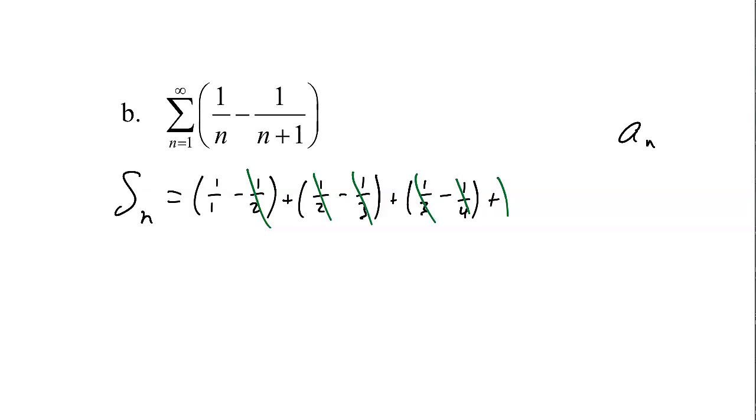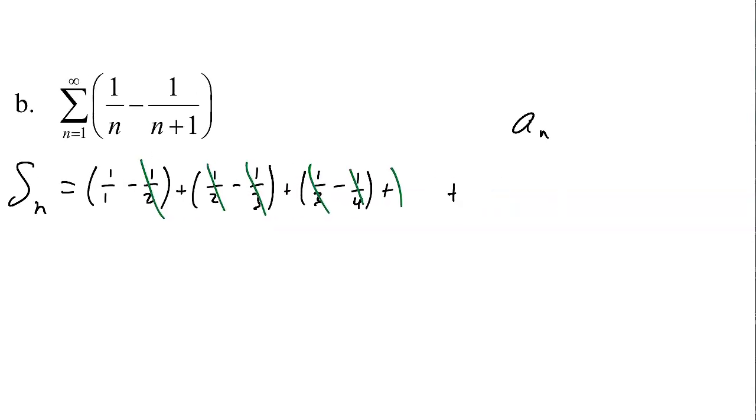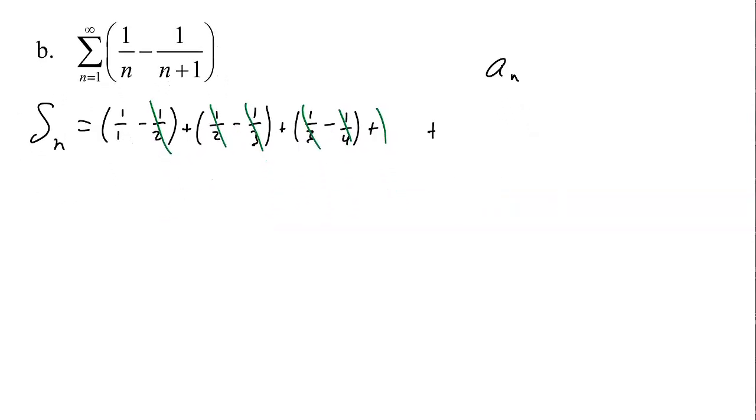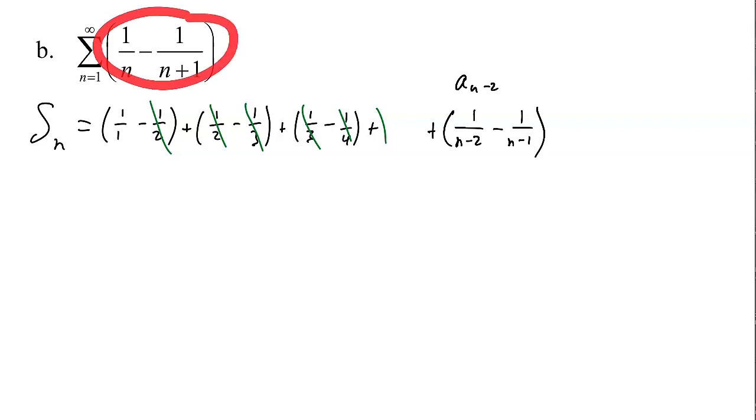So let's think about as we go out to my nth term. I'm going to start with my a sub n minus 2 term. So if I put in n minus 2, this is 1 over n minus 2 minus 1 over n minus 1. Right, and I'm putting it still into, this is my rule to find the sum.